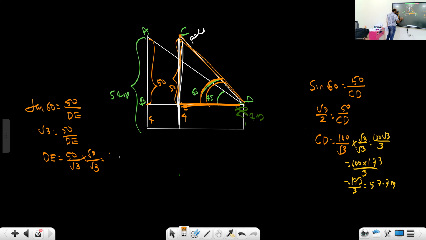So, 50 into 1.73 by 3. Calculation will help you.